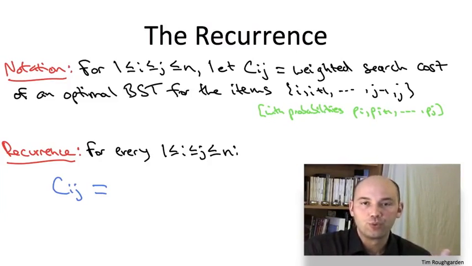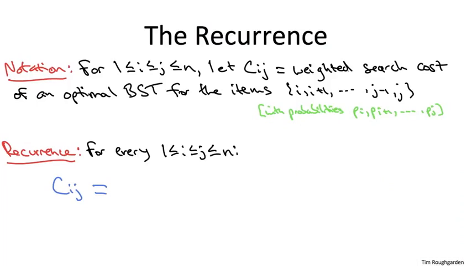Now we don't know what the root is. There's j minus i plus 1 possibilities. It could be anything between i and j inclusive. So as usual, we're just going to do brute force search over the relatively small set of candidates that we've identified. So brute force search we encode by just explicitly having a minimum. So we choose some root r somewhere between i and j inclusive.